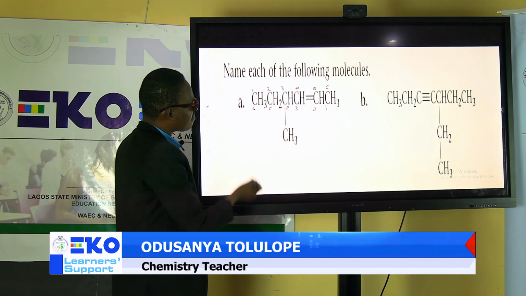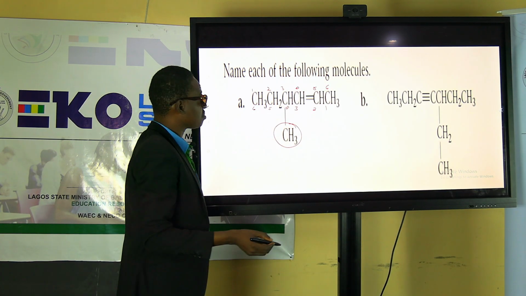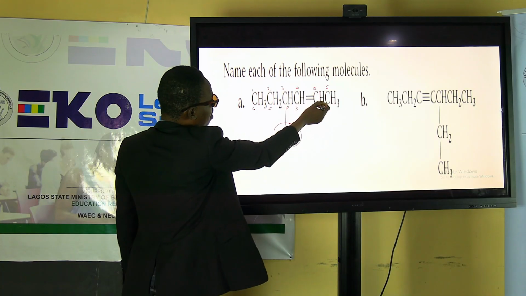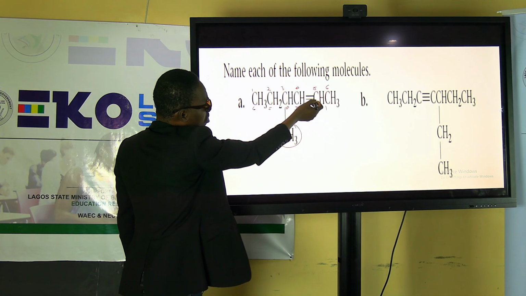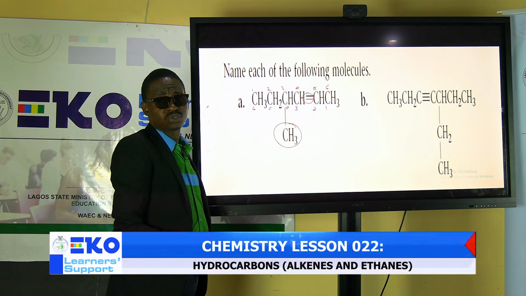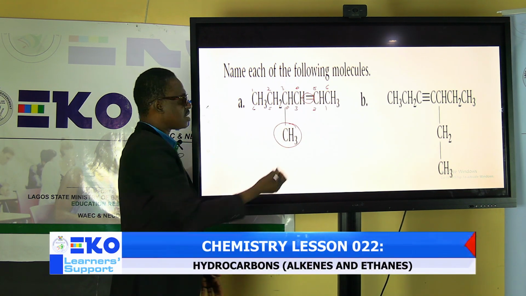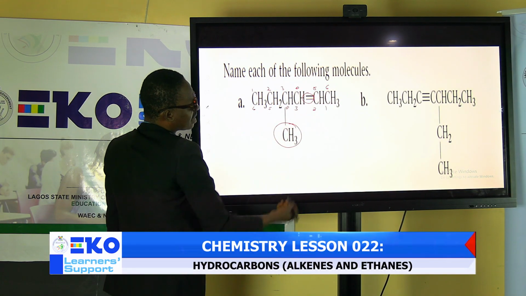If I move from here, the substituent will be on carbon 3, but if I go from here, it will be on carbon 4. But this double bond is key, it is at carbon 2, so I have to consider it.